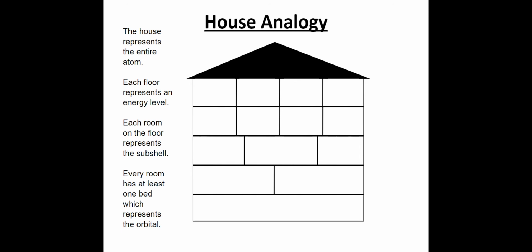As we look at this analogy using a house to represent the different energy levels of an atom, each room has at least 1 bed, and each bed can hold at most 2 electrons.